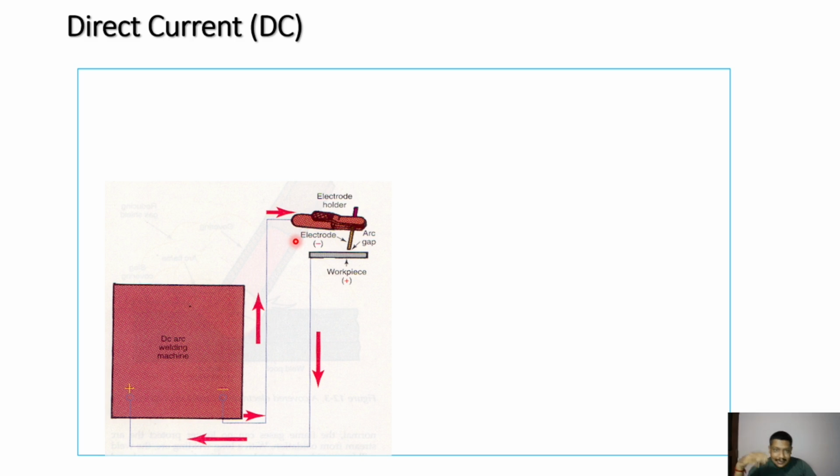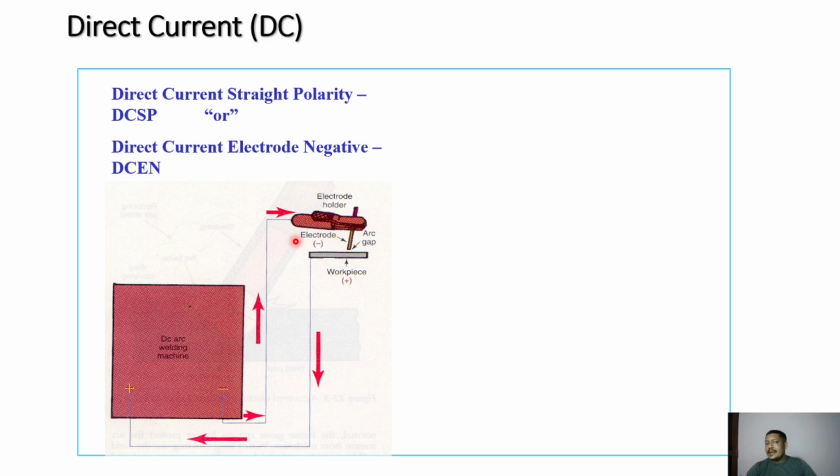This is called direct current electrode negative, DCEN. Here the condition of polarity comes into the picture, and I will show you the effect of polarity in the next slide. Since the electrode is connected to the negative terminal, it is called DCEN, or straight polarity.